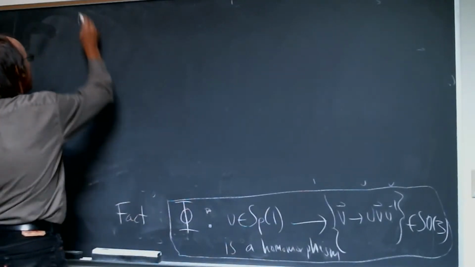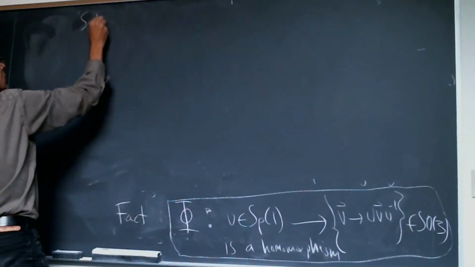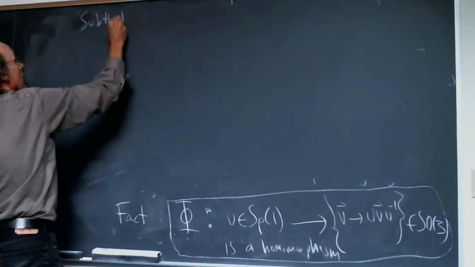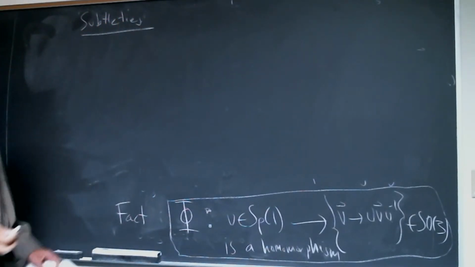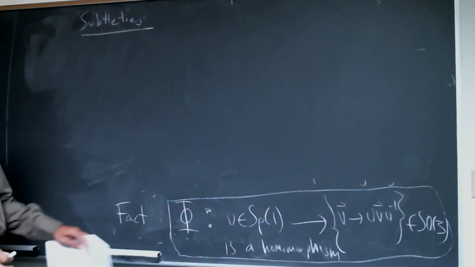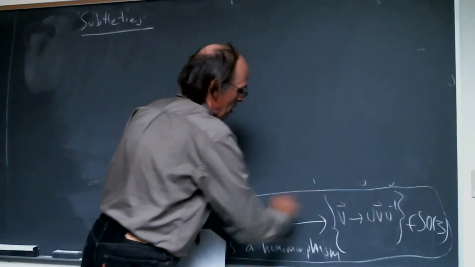Here's a subtlety, or maybe the main subtlety: this map is what we call a double cover.